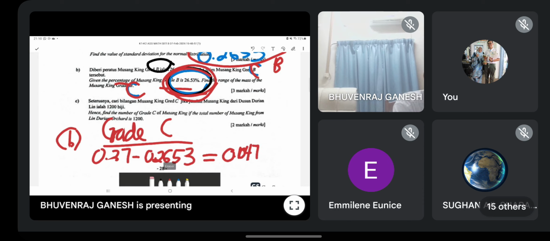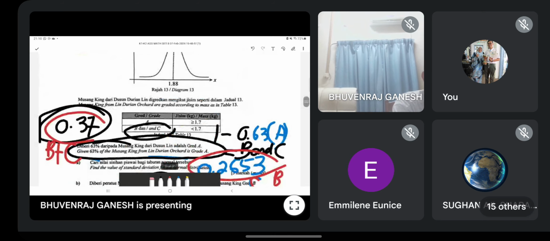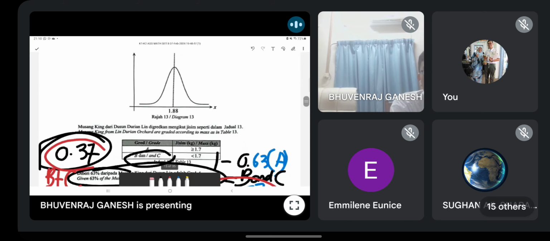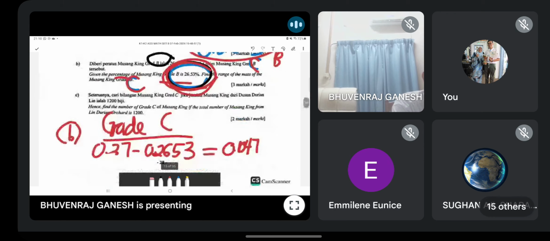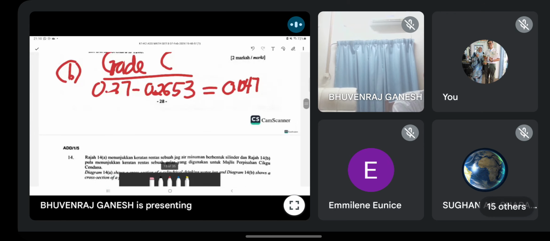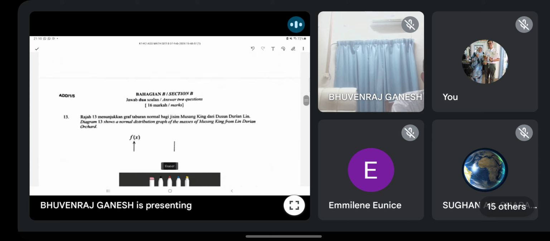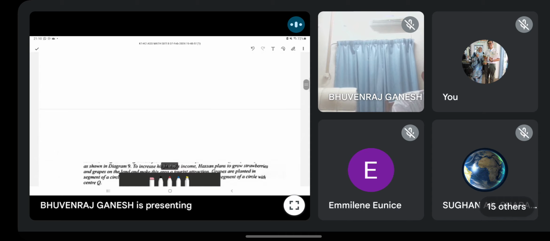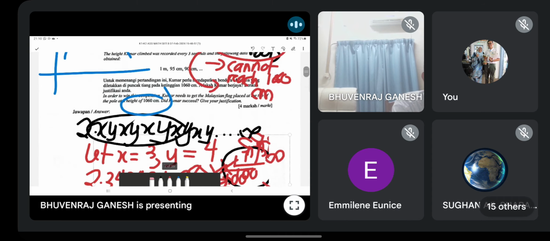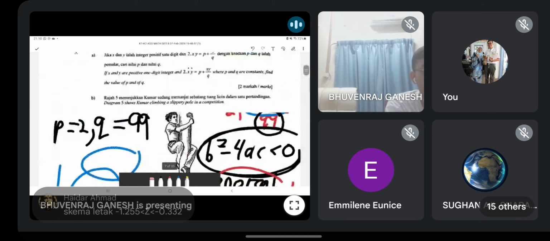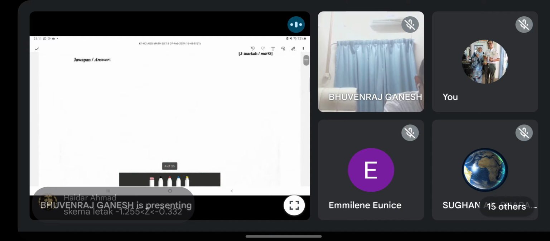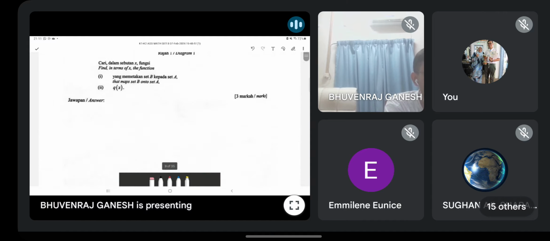Okay, so now you must change the probability to score Z. You must change it to score Z right now. So how to change to score Z? You can refer to the table, this value. Okay, so if you refer to your normal table, I have to scroll up a bit. Yeah, correct.